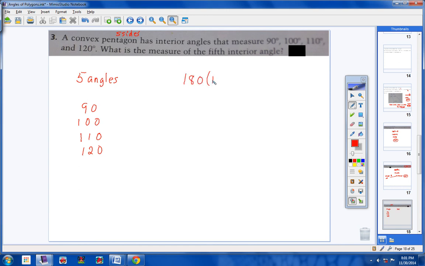Here's my formula. Where the n is, I will put a 5. So I have 180 times 3, 540. So when I add up all 5 angles, I should get 540. So let's add these 4 angles up. I get 420.